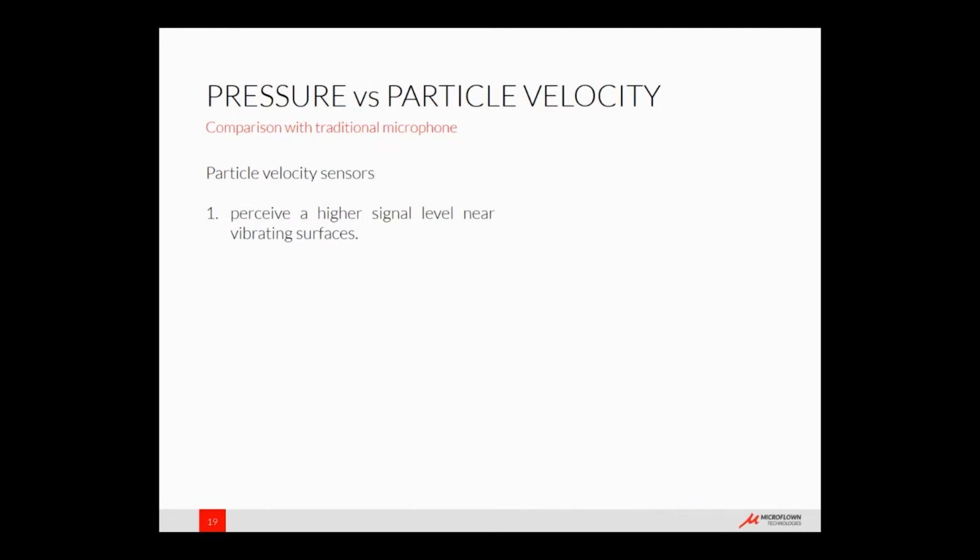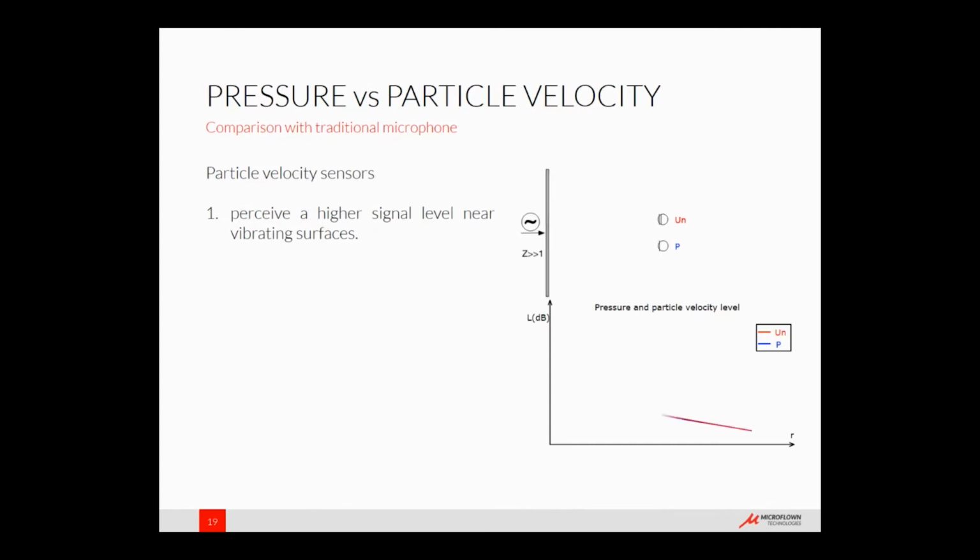Particle velocities close to a source perceive a higher signal than sound pressure. If we look at the animation, we put a pressure velocity probe in the far field. What you see there is that they will be equal in amplitude and phase. But if we move with pressure and velocity close to a vibrating surface, we can see that sound pressure increases linearly, whereas the particle velocity increases exponentially.